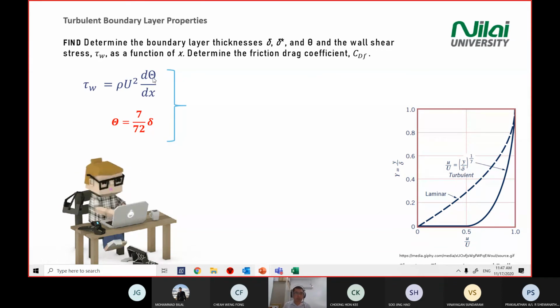So you know that this one you need to integrate with dx. So you need to put this in terms of an x function. The momentum thickness over dx, you put this one in, it becomes 7 divided by 72, d delta divided by dx.